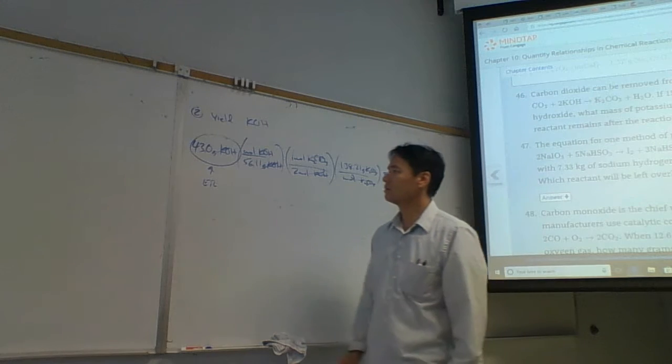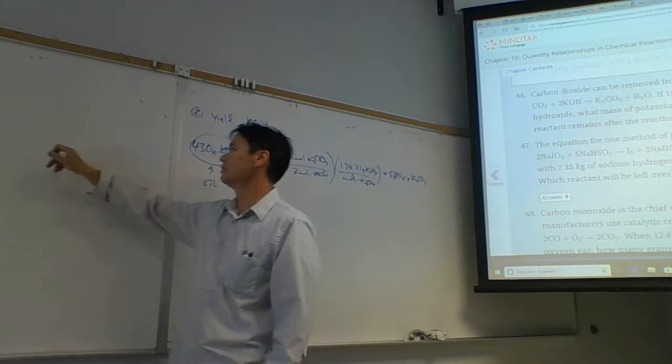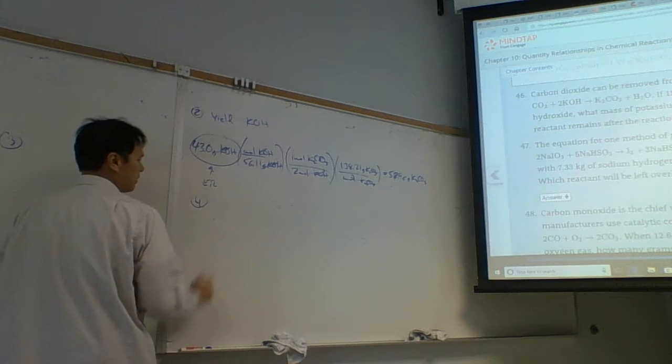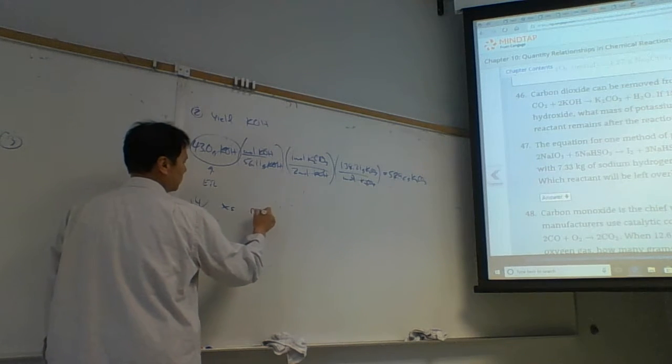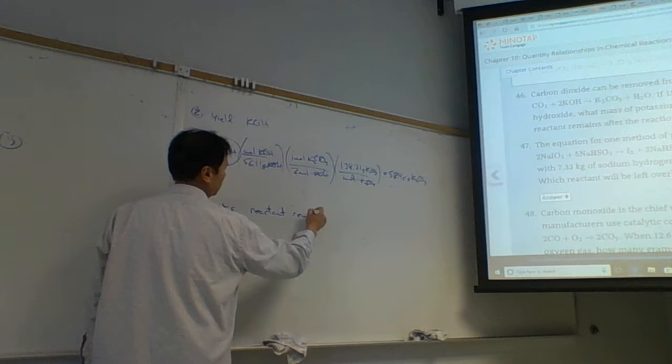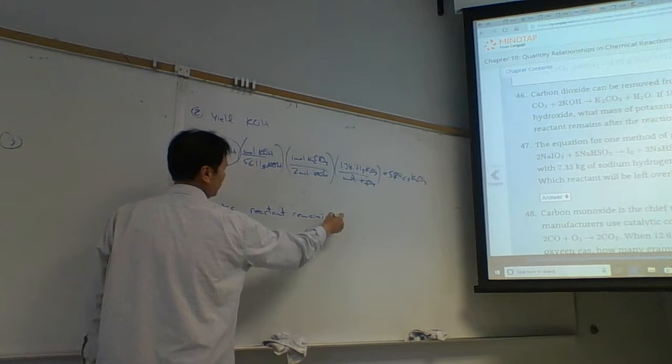And so what we're going to do is figure out how much KOH is left over. So that's the fourth calculation here: the excess reactant remaining. What was the equation?